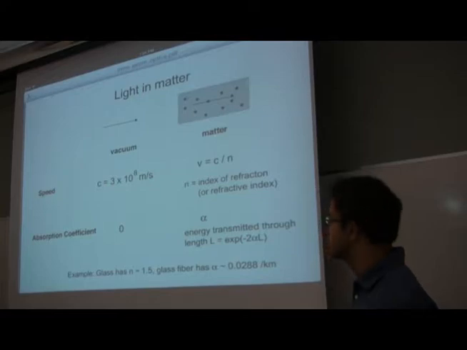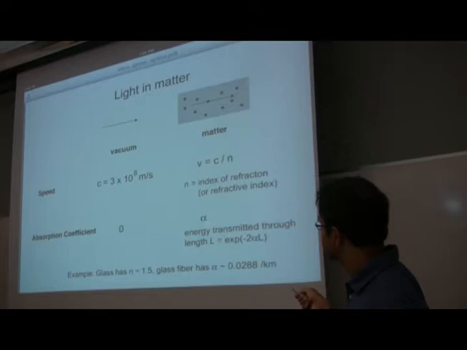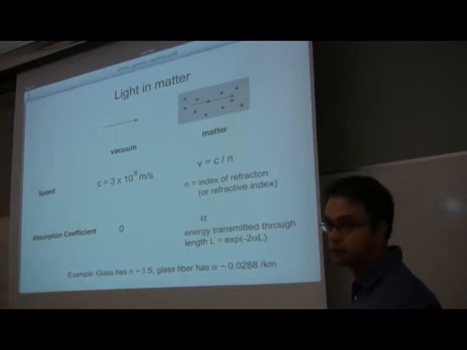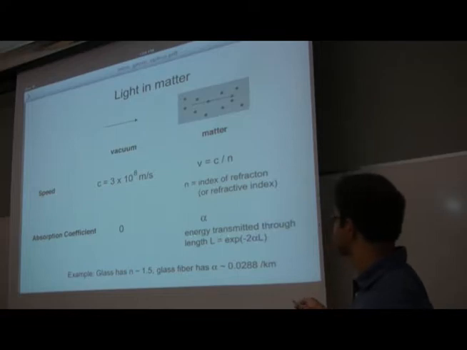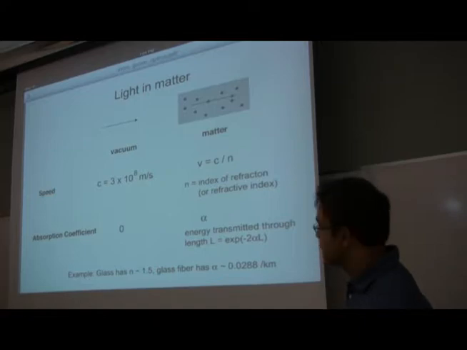That's absorption. So in vacuum it's 0. In a real medium, it's denoted by alpha. It's referred to as the absorptivity, which is essentially defined by this equation. The energy transmitted through a length L of the medium is e raised to minus 2 alpha L.